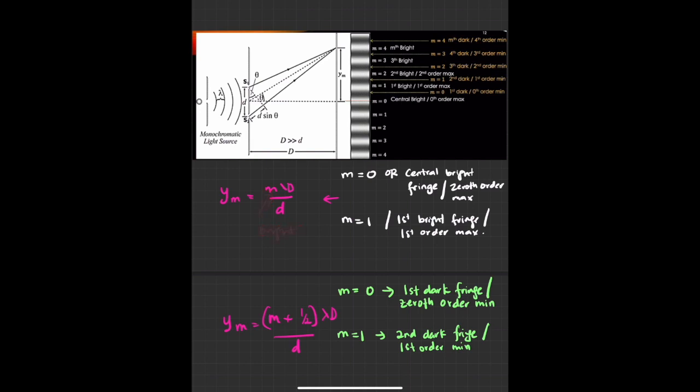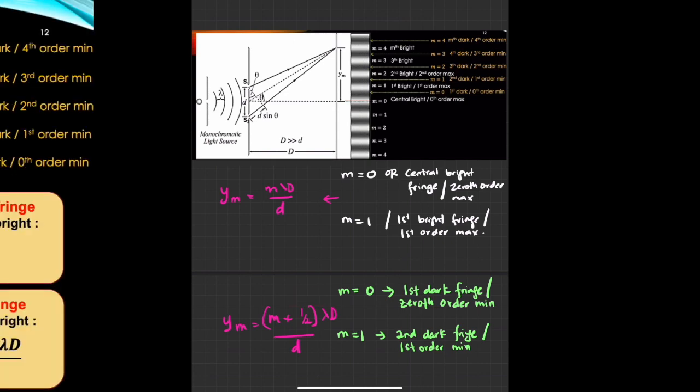And for dark, also m equal to 0, 1, 2 and so on. It's all for dark fringes.